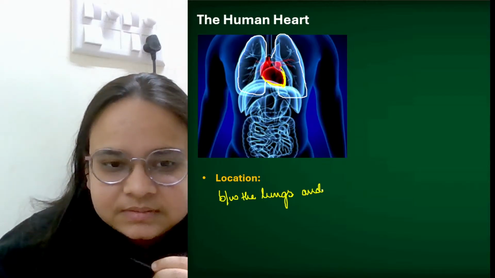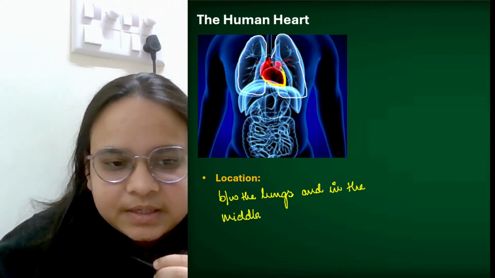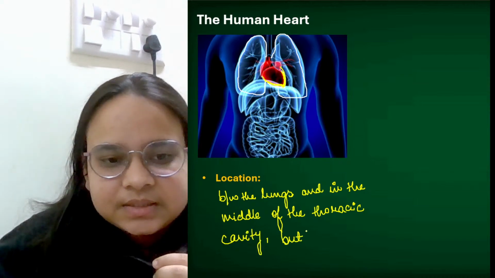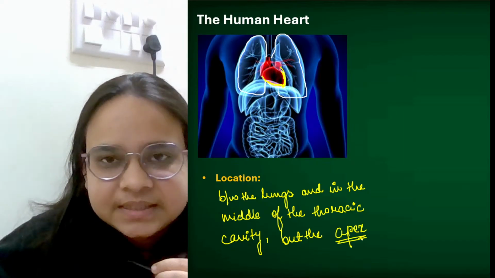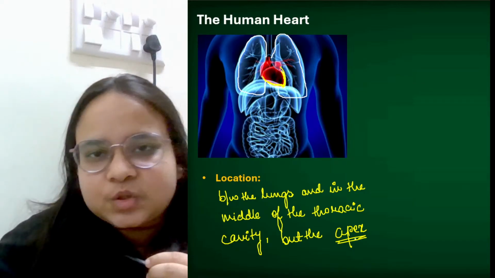In the middle of the thoracic cavity. But the apex, what do we understand by the term apex? You must have heard that the Supreme Court is called the apex court of India.